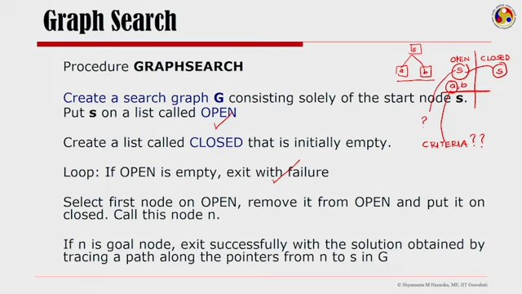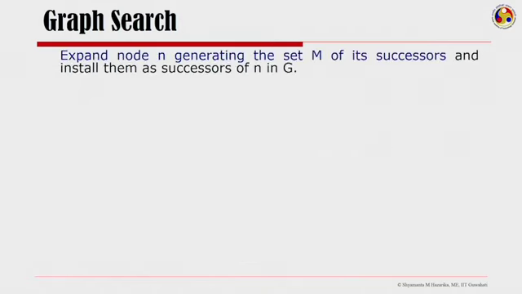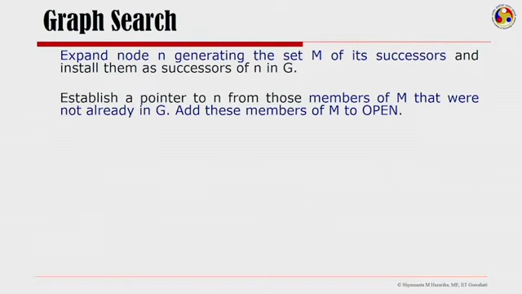Okay. So basically you create a list called closed that is initially empty, and you take the first node on open, you remove it from open and put it on closed, and then if n is the goal node, we have nothing to do, we exit immediately. Else we expand the node n, generating the set M of its successors. We install them as successors of n in the open list.